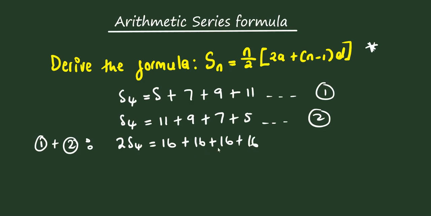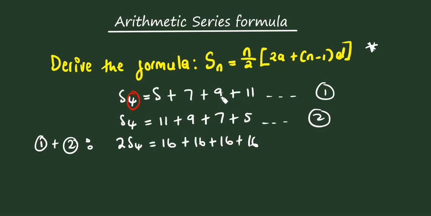Wow, I got 16, 16, 16, the same answer. How many 16s do I get? Or how many of these numbers do I get? Well, the terms were 1, 2, 3, 4. The terms were 4.